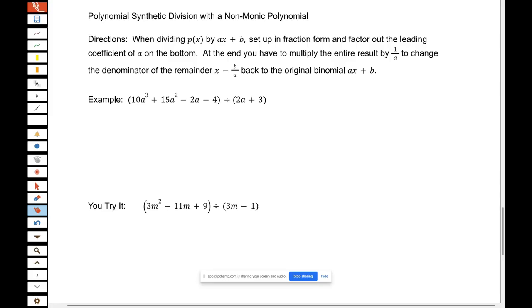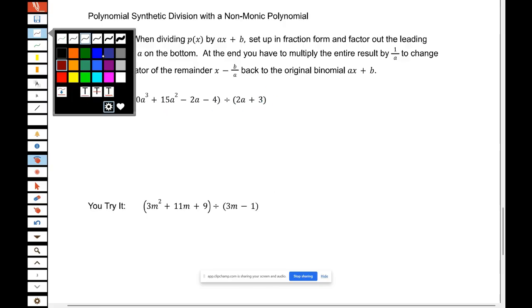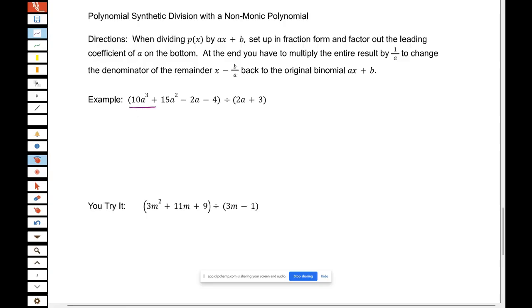Okay, polynomial synthetic division with a non-monic polynomial. All right, so when you're dividing p of x, some polynomial, by ax plus b, you set it up in a fraction form and factor out the leading coefficient of a on the bottom. So what I mean here is, I am going to divide this by 2a plus 3, but I'm going to factor out a 2 on the bottom.